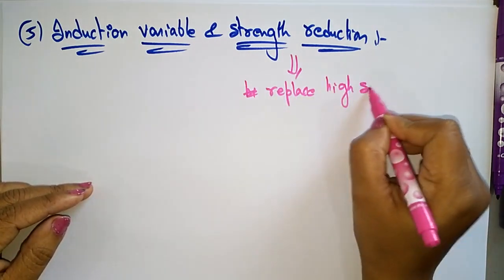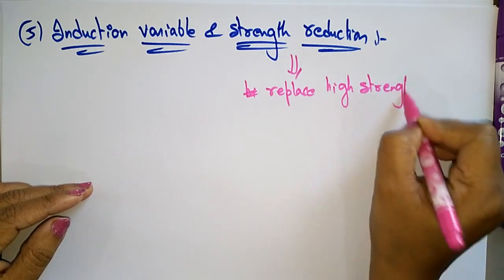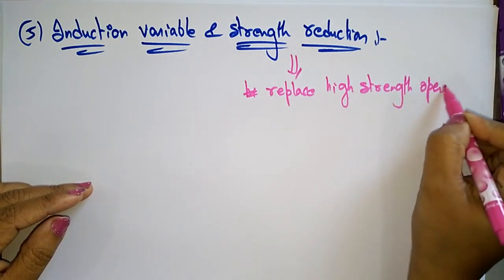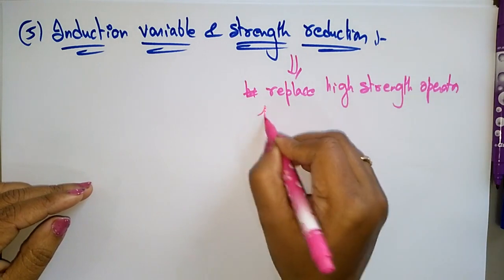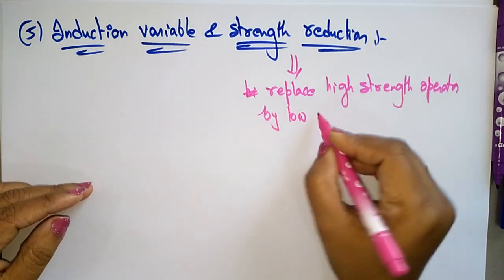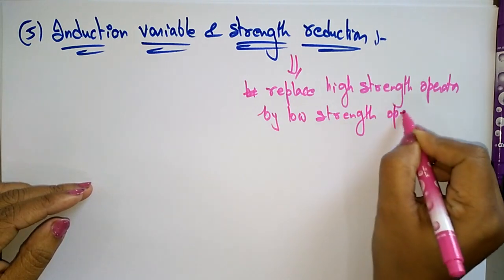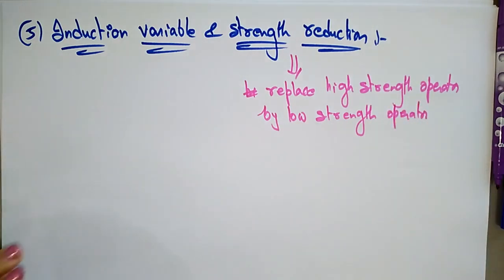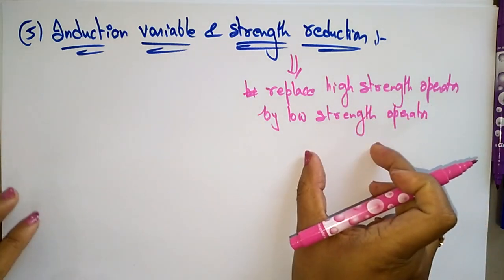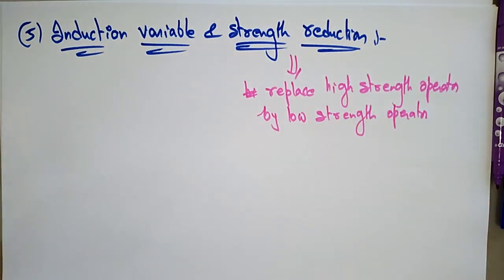By replacing the high strength operator by the low strength operator, you can reduce the strength. That is strength reduction.